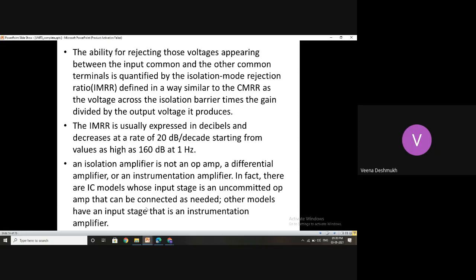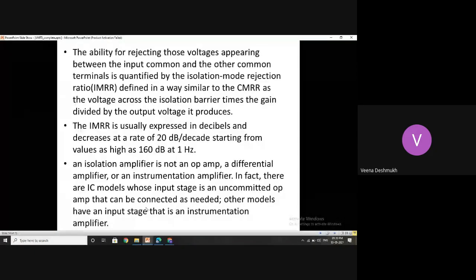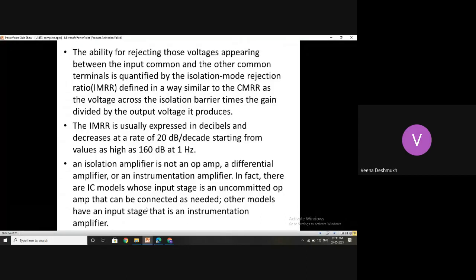Similarly, when isolation amplifiers are used, there is one more factor, that is the isolation mode rejection ratio. This isolation mode rejection ratio is similar to your common mode rejection ratio, where it measures how much isolation is happening. That measurement is indicated by the IMRR.